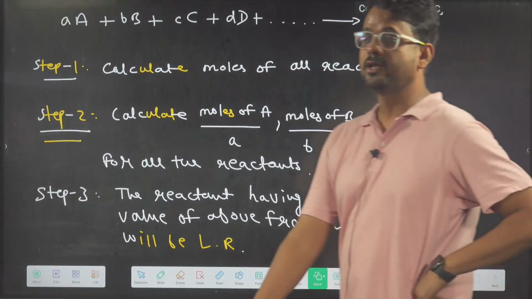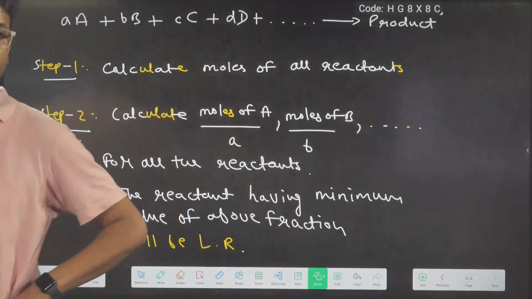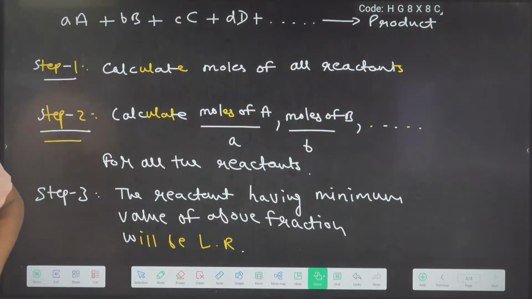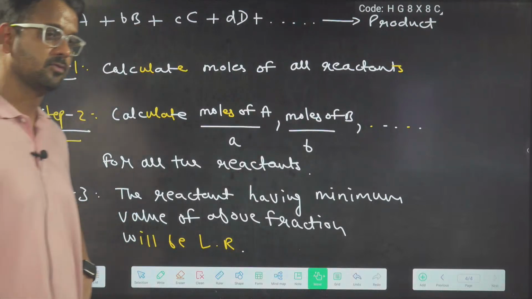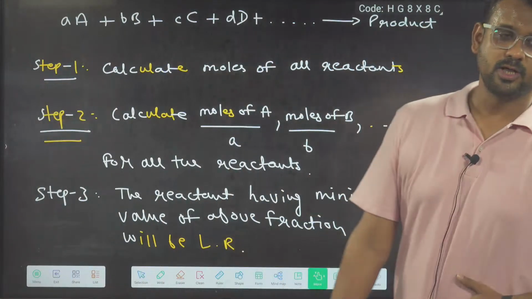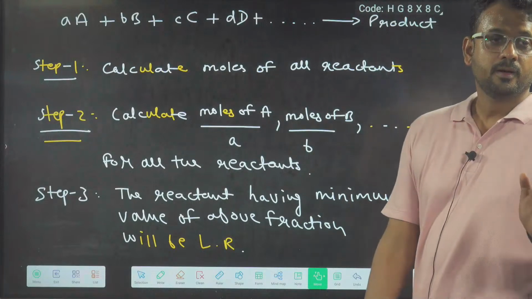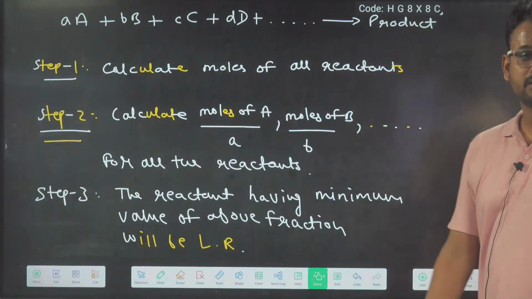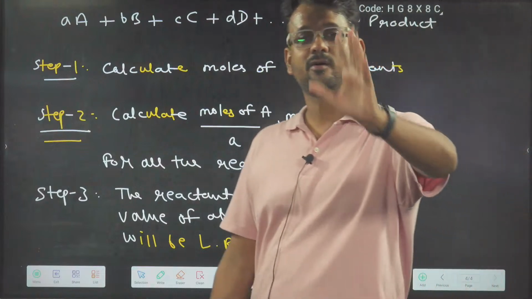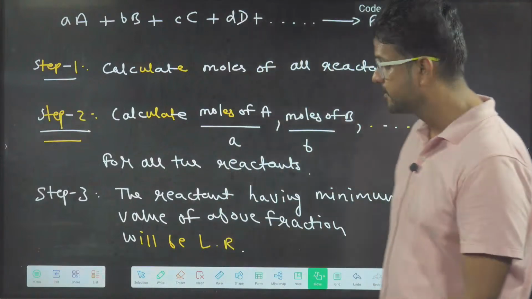Those who have written, quickly write C in the chat box. Omkar, if it is maximum, it is the excess reagent. Yes, absolutely correct. Yagnan Ram, I will explain the Na2SO4 question, don't worry. But we don't want to identify the excess now. What is important? Limiting is important.